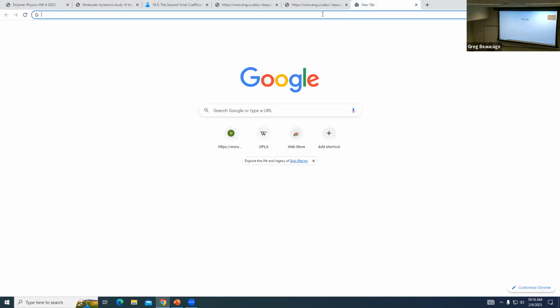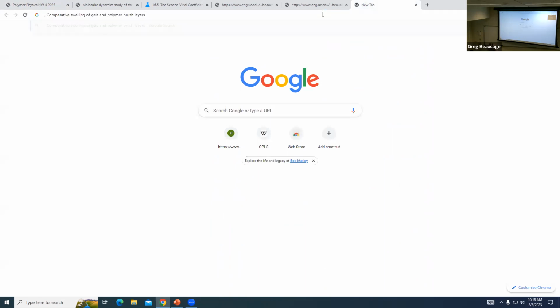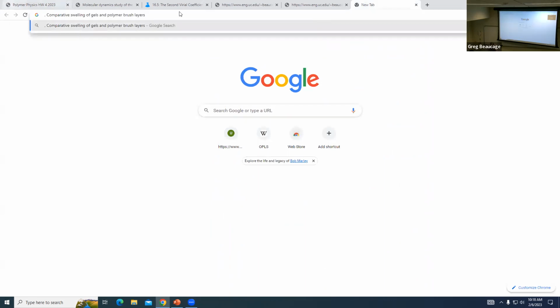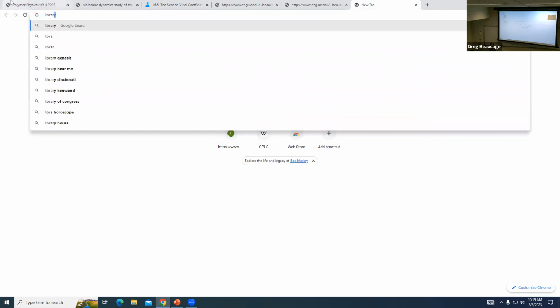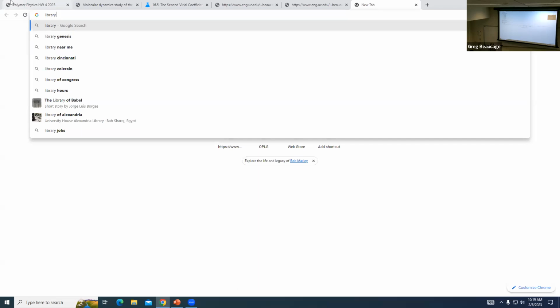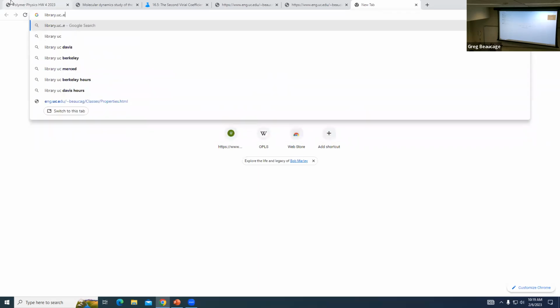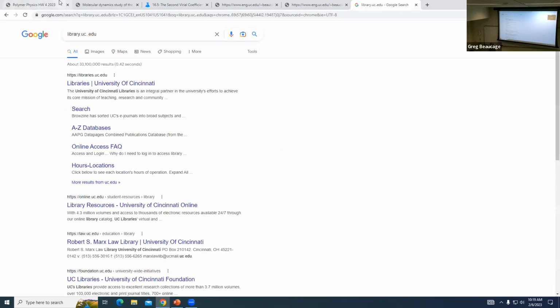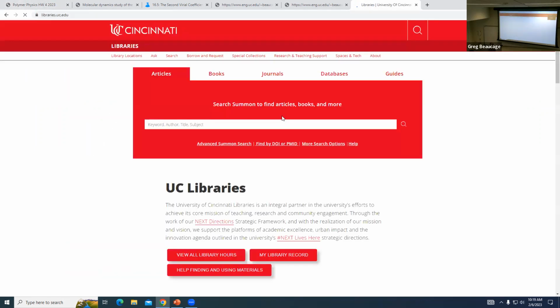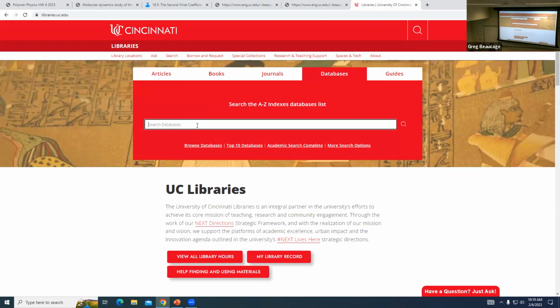So the way I get a paper is this, because it used to be easy to get papers and now it's harder. So I go to the library. Something like that. Go here, then I go to database. This is a long process.